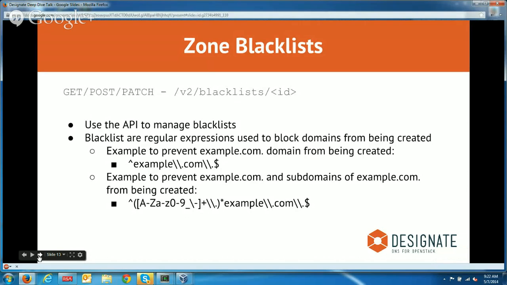Because this is on the fly, you can create and update these without having to restart Designate. And it's also very easy to view what blacklists are in place at the moment.